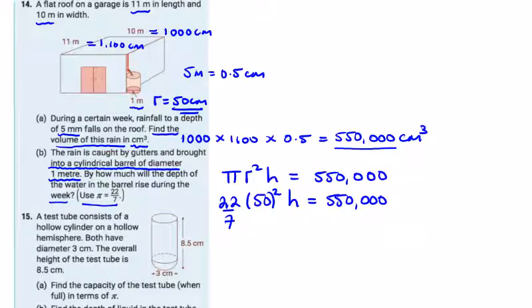So let's multiply that by 7 and divide by 22 and by 50 squared, and we're going to get h. Does it work out evenly for us? It works out to be 70, and we're dealing in centimeters, so the height of the water in the tank is going to rise by 70 centimeters.